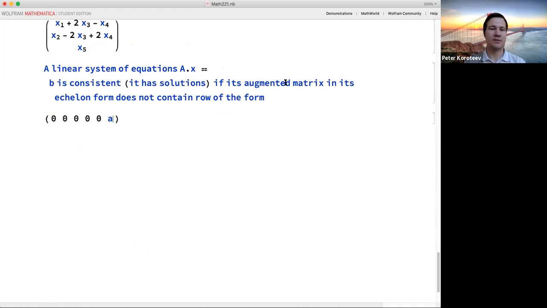Because if it did, then we know for sure that there is no solution. So you can deduce existence of solution just by looking at the reduced matrix.